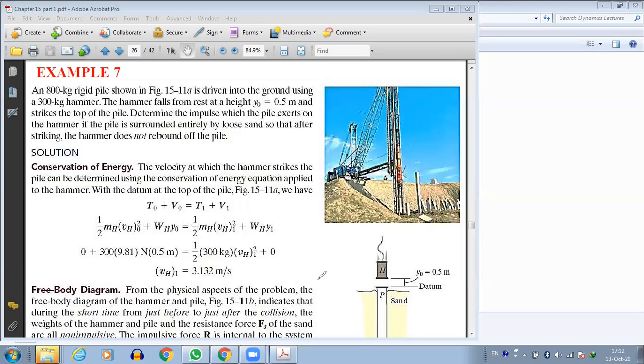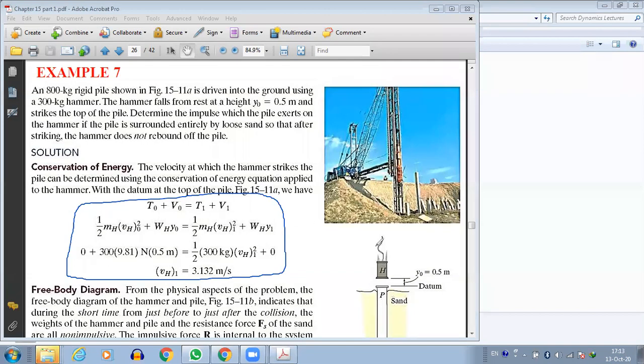For that, we can apply the principle of work and energy. This is basically the potential. We are applying it over the hammer.